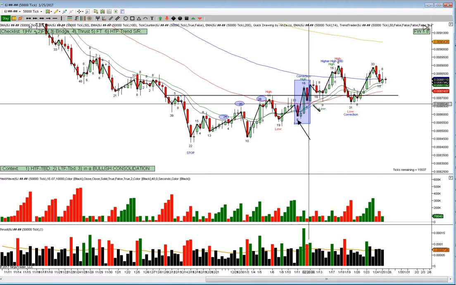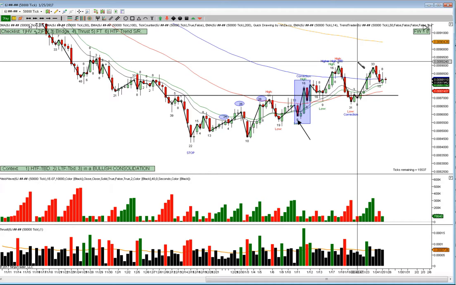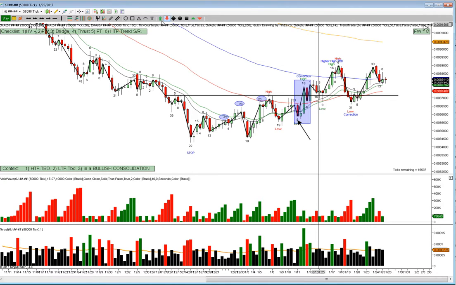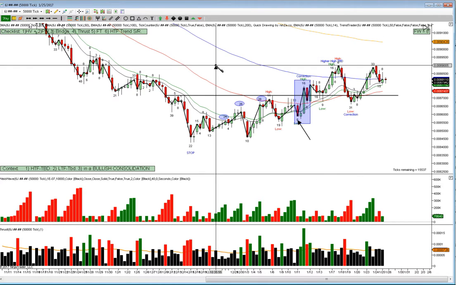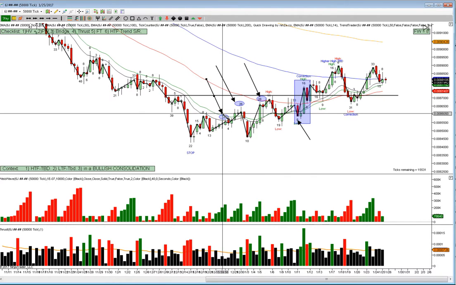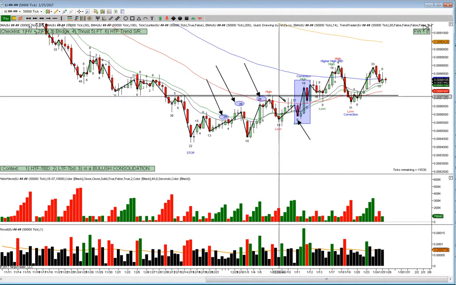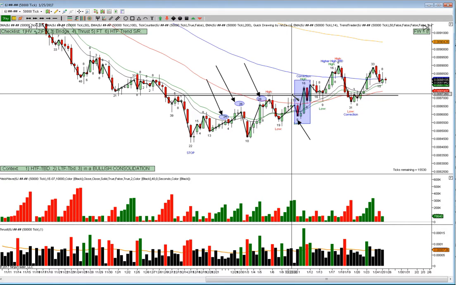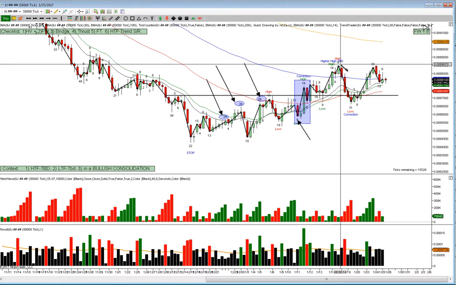You can buy within this area, no questions asked. Why? It's being defended. Who's defending it? These guys. Whoever did this, they bought all of this juice. Do you think they're going to let the market drop?